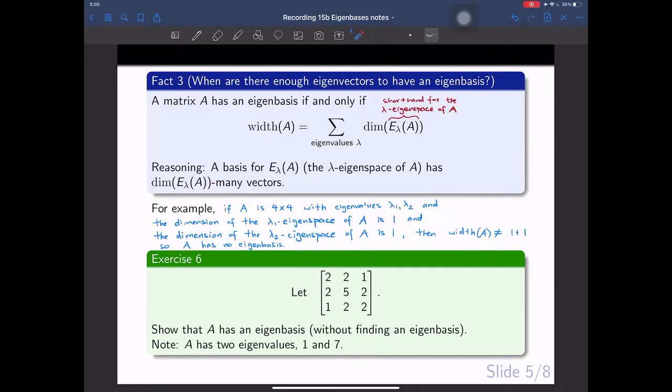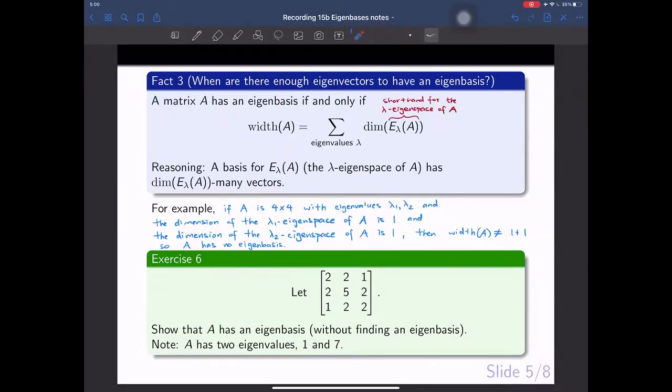And if I compute 1 plus 1, that is equal to 2, which is smaller than the width of A, which is 4. So without having to go through the calculation, I can conclude that A has no eigenbasis.